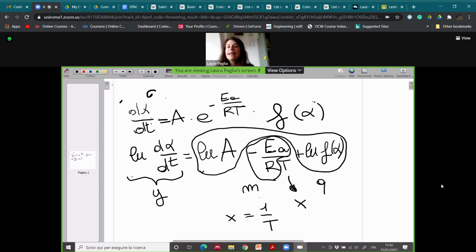So I can use the equation of this straight line with my derivative curves of the thermogravimetric analysis.